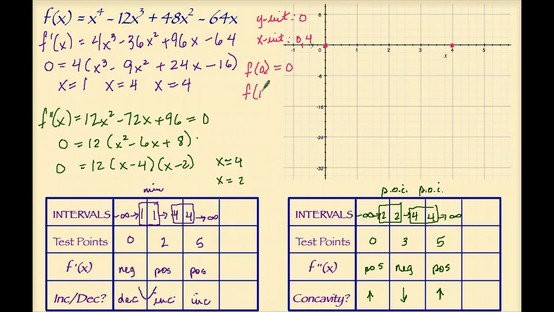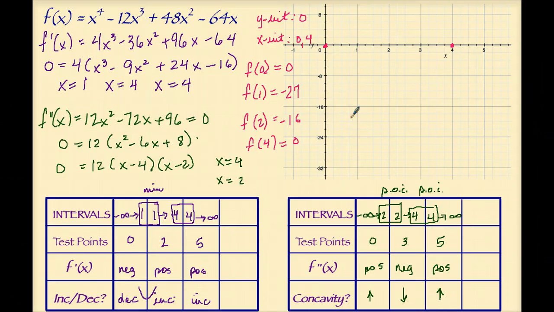F of 1 is negative 27. I'll just let you do that a little bit more slowly. F of 2 is, I believe, negative 16. Once again, you would analyze that by plugging it back into the original function. And F of 4, of course, is also 0. That's an x-intercept, so we knew that value as well.